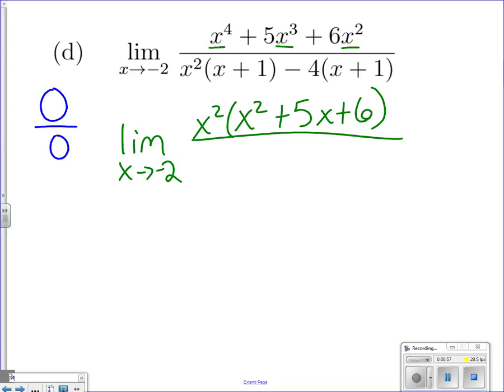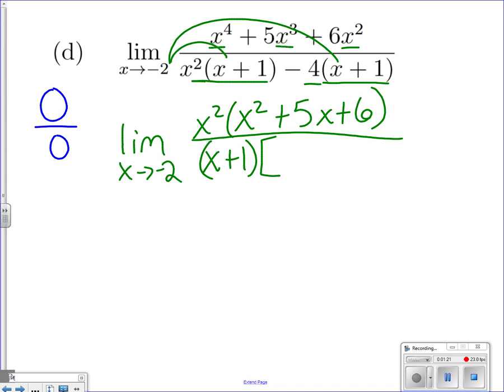Now if you try factoring the bottom, this actually goes back to something in algebra called factor by grouping. Since both of these terms share an x plus 1, you can pull that out of both items. So we have x plus 1.